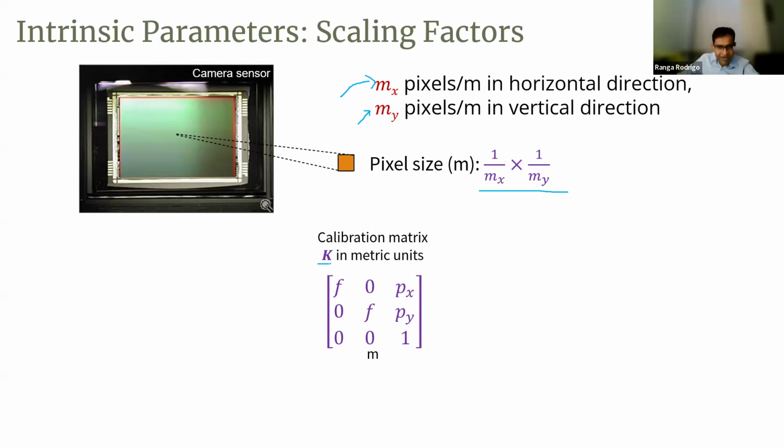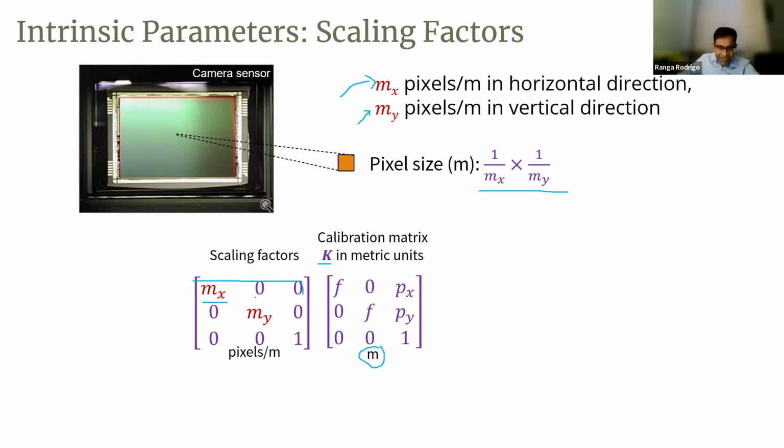Okay, let's see how we can incorporate that. Right now, the calibration matrix K is in meters or millimeters. Now you can see, if I have the scaling factor mx here, so mx pixels per meter, and f is in meters. So here you can see this column multiplies this row, multiplies this column, you will get mx times f.